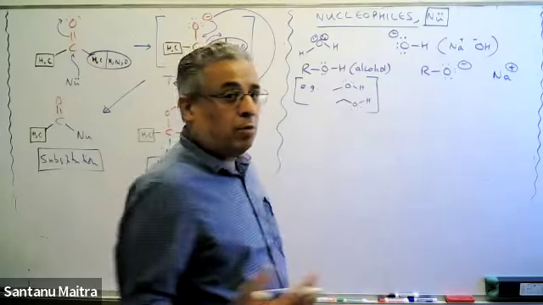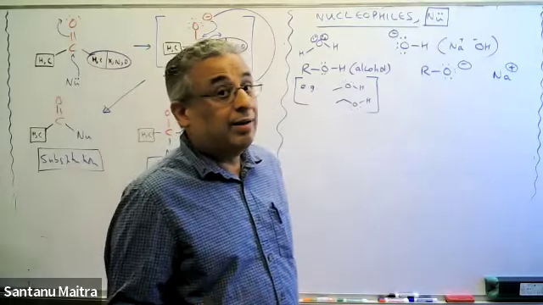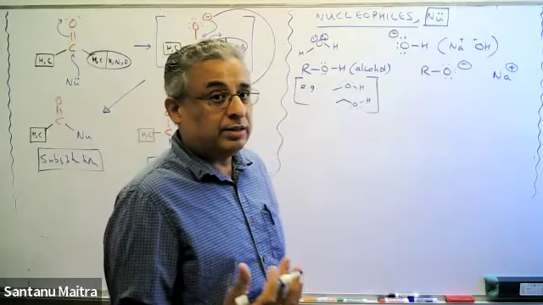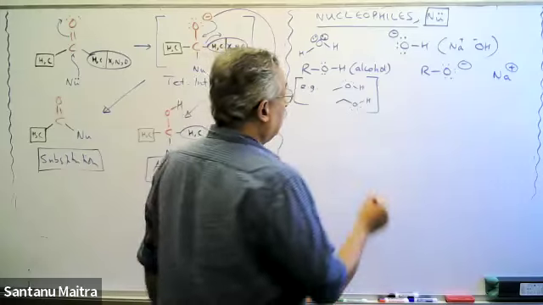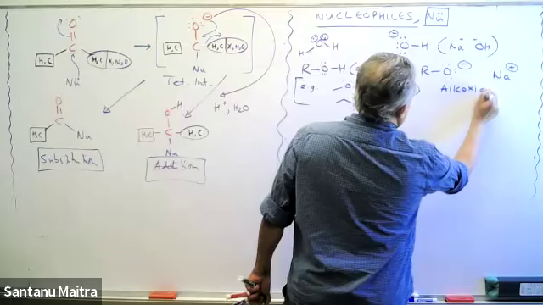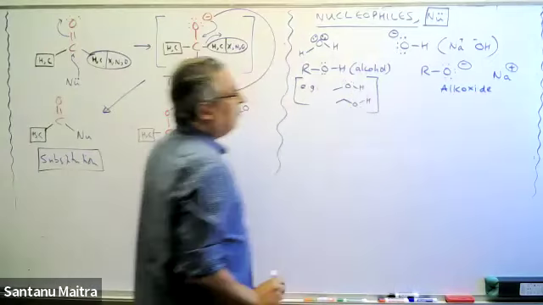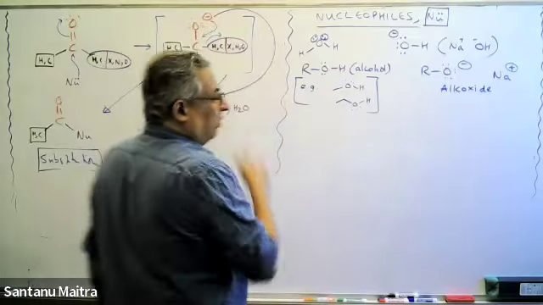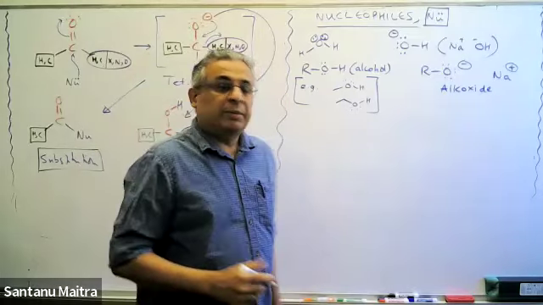That's a more awesome nucleophile that can also backfire on you, that can pluck a proton and neutralize itself. So you have to be careful how you use it. These guys are called alkoxides. Not alcohol, alkoxide.